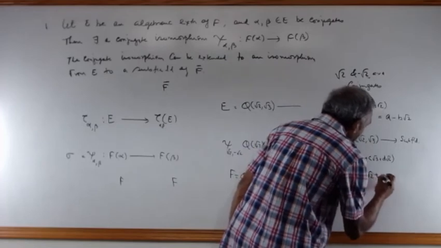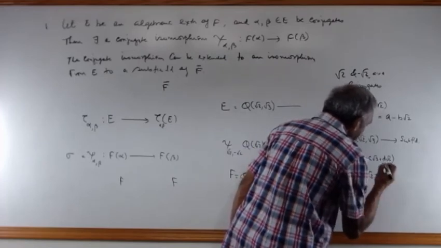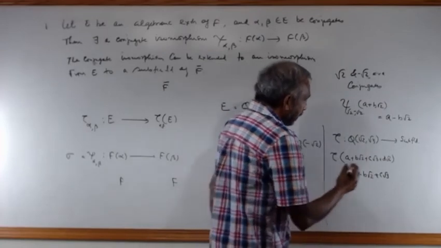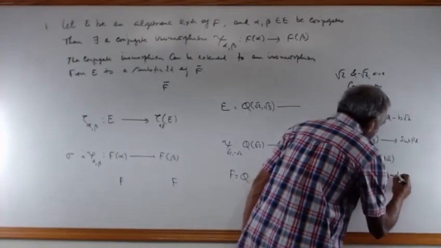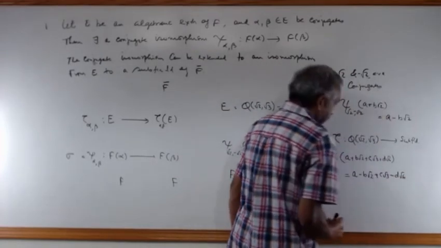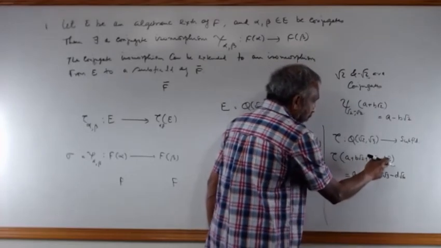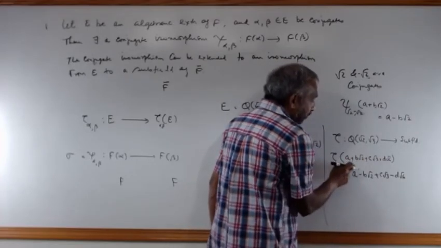You can have c root 3 minus d root 6, because here there is a root 2. So this is one of the extensions.